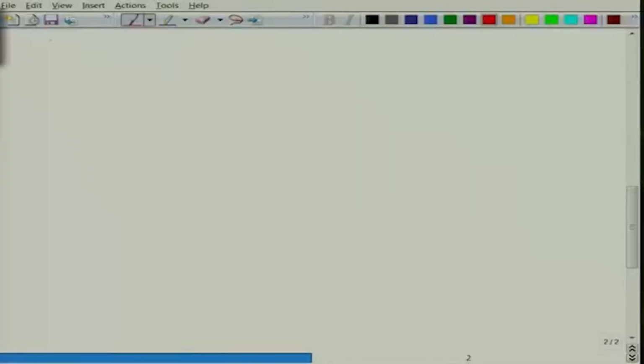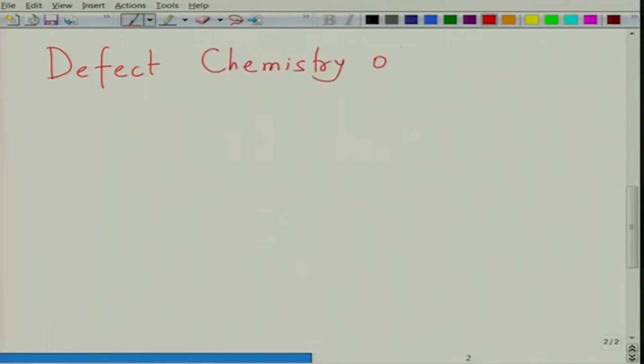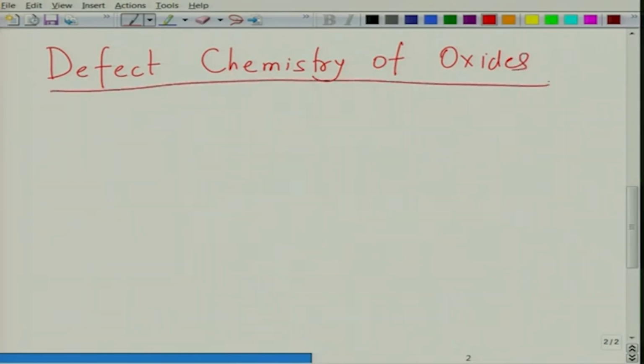Here we are going to look at what we call the defect chemistry of basically oxides.